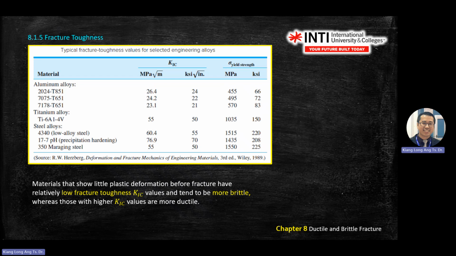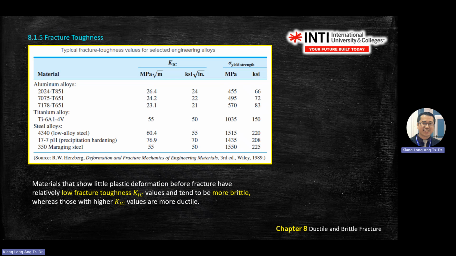Okay, so you can see KIC for aluminium and titanium. Aluminium is 20 something, titanium is 55. So which one is more brittle? Which one is more ductile? Aluminium is more brittle compared to titanium.